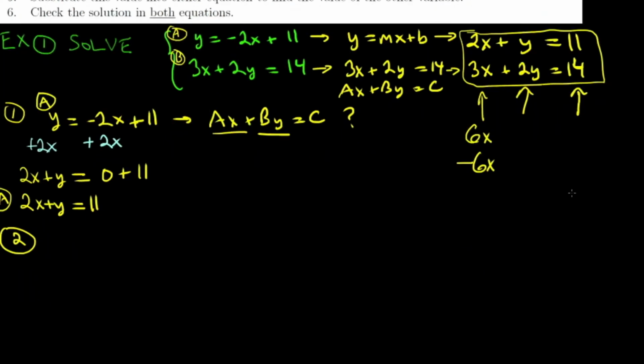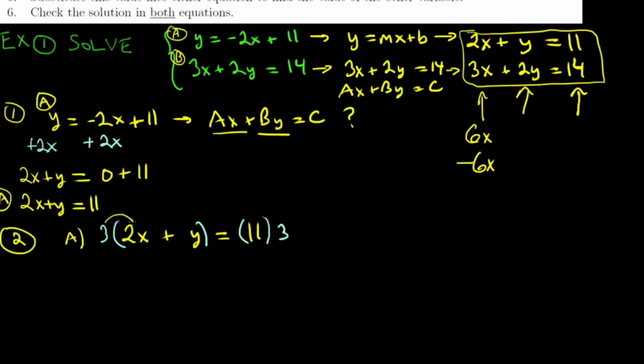Let's take the first equation, equation A, in its standard form: 2x plus y equals 11. Somehow we want to get this 2 to be a 6. We can do that as long as we multiply by 3, since 3 times 2 is 6. But if I multiply the left side by 3, I have to multiply the right side by 3 as well.